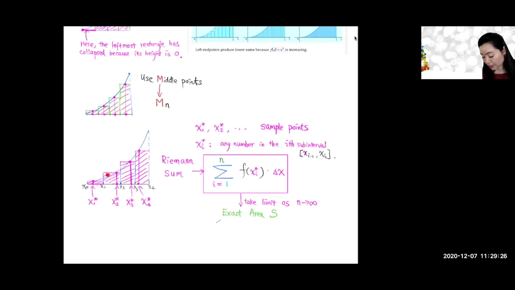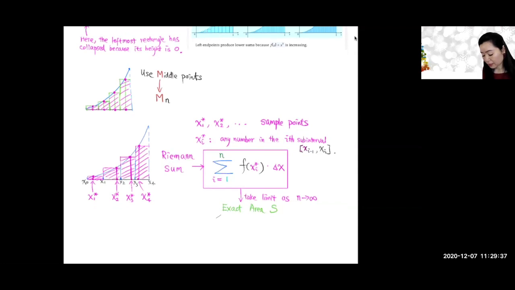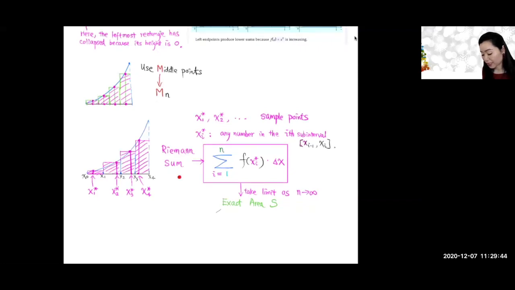That gives you the area of one rectangle. Now you sum up n of them, with i going from 1 to n. That will be the sum of those n rectangles. This is called a Riemann sum.